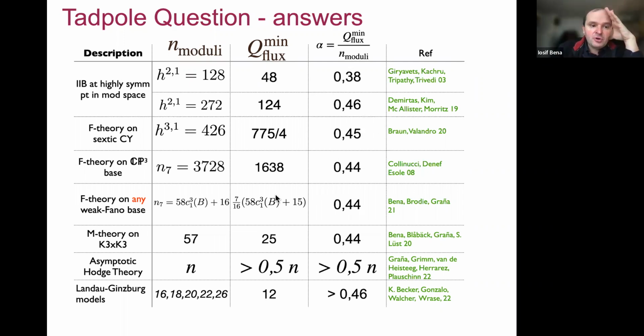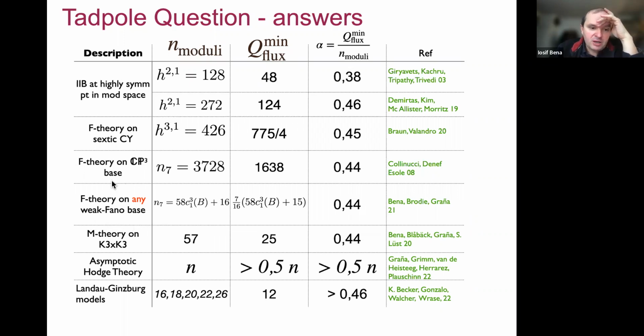If you take F theory on sextic Calabi-Yau, it's again this number. F theory on CP3 base, Cornucci, then Fesole, again, those are the numbers. Then we had this postdoc who is a very good mathematician who knows very well how to do horrible calculations, and he was actually able to show that if you take F theory on any weak Fano base, and that's a special class of F theory compactifications, and there's an uncountable number of weak Fano bases.